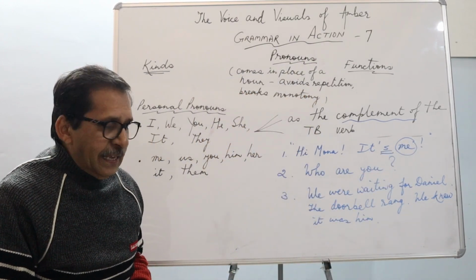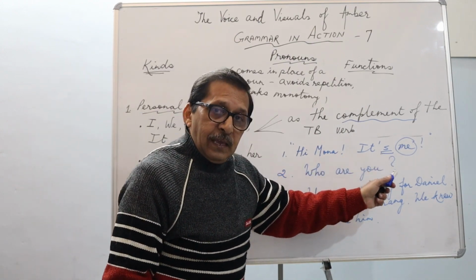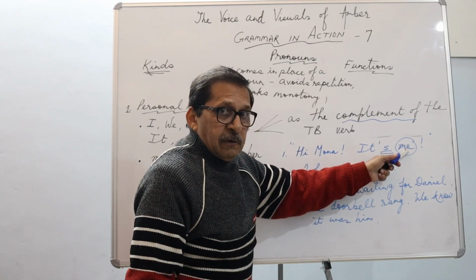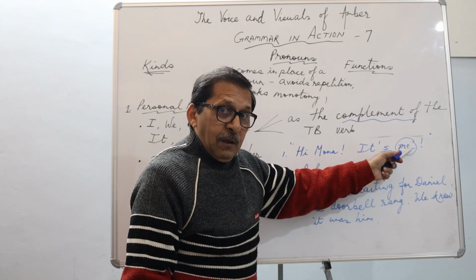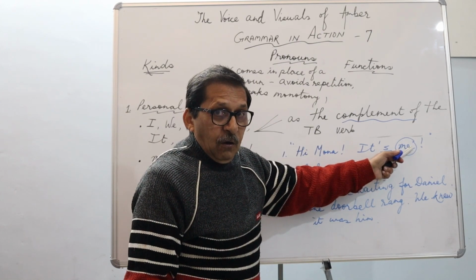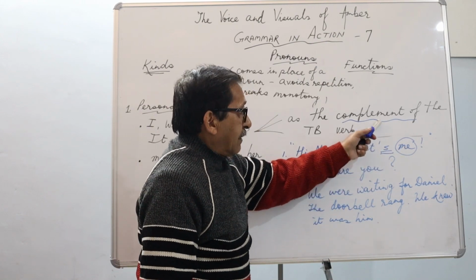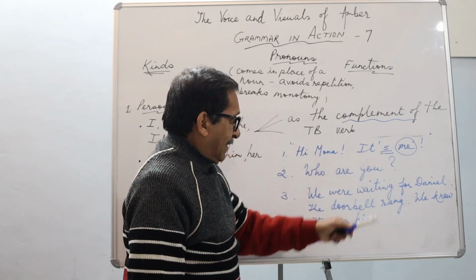It is me. Alright, so hi Mona, it is me. So is the to be verb, and this is the personal pronoun coming in place of the naming word for the speaker or the communicator, and it's a personal pronoun acting as the complement of the to be verb is.